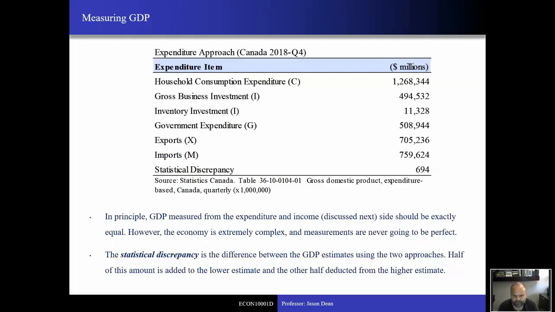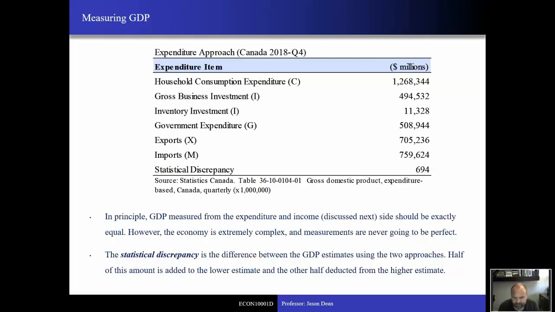So we have to remember that we can't get this information perfectly. Statistics Canada has very clever ways of estimating the amounts in this table, but it's not 100% perfect. It's really good. They do a very good job at estimating it, but there are little statistical discrepancies.